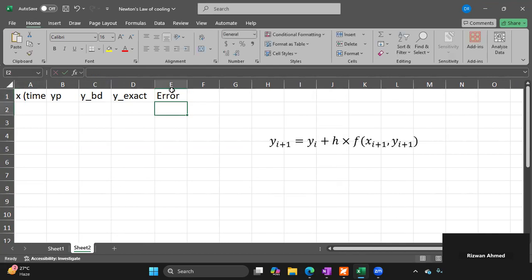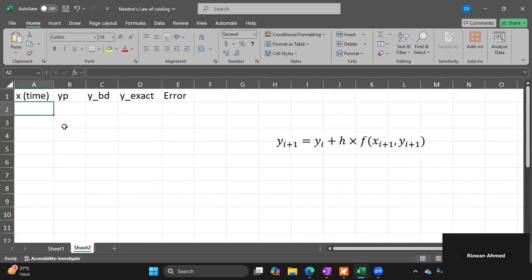In a programming language, we require variable names similar to these names. So we start our problem at 0. At 0, the computed value should be 100. This is the starting point, like the initial condition, right? And the exact value is also going to be the same, 100.